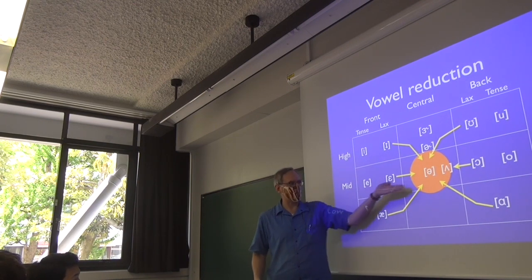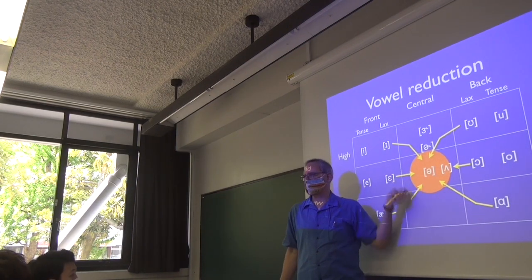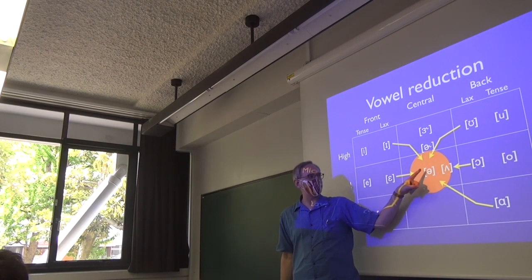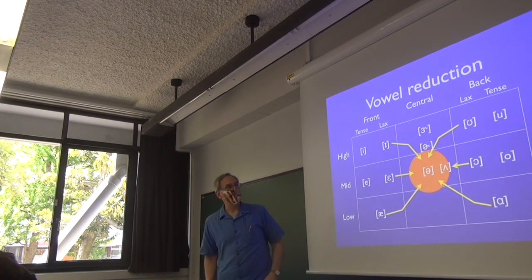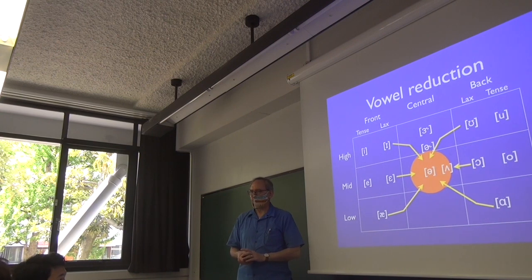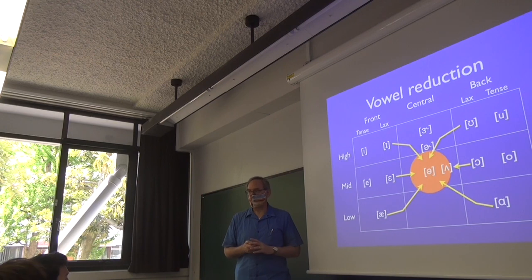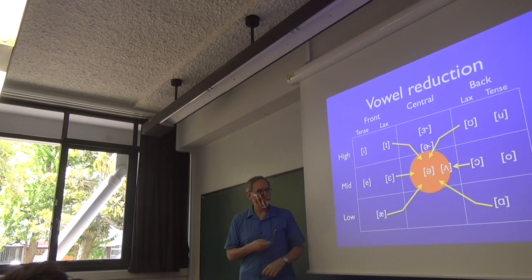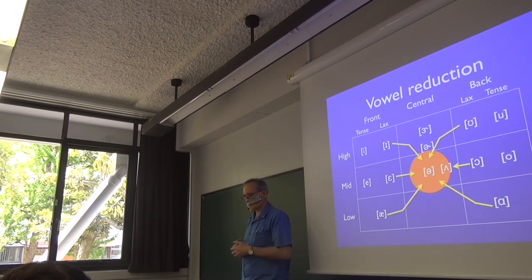So it's neither front nor back, neither high nor low, which leaves it in this position. And because it's unstressed, it's the schwa, not the up. This process is known as vowel reduction, and it can affect any of the vowels. As a result, I think I mentioned in the first lecture, the schwa sound is the most frequently produced vowel in spoken English.